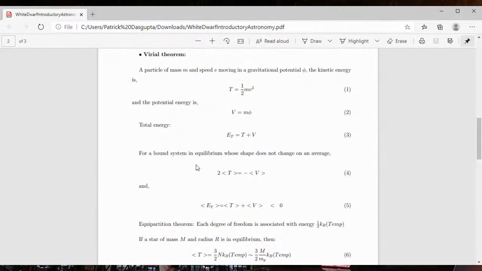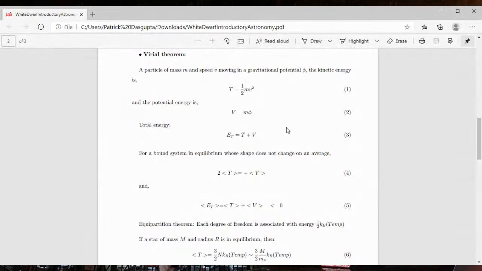The virial theorem states that when a system is bound, meaning what? That it cannot by itself spread all of them into infinity. That means for a bound system, the total energy must be negative, because if they spread to infinity, then potential at infinity will be zero, and if they just spread, that means total energy is either zero or positive.